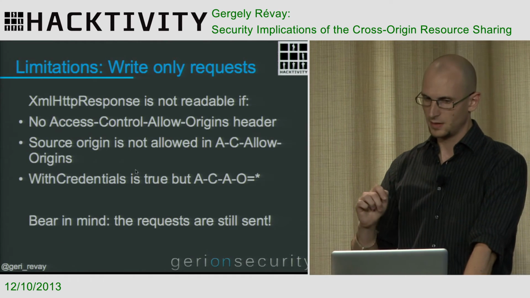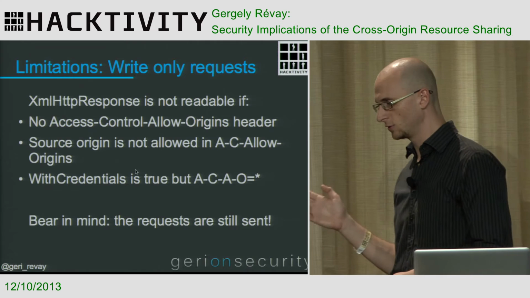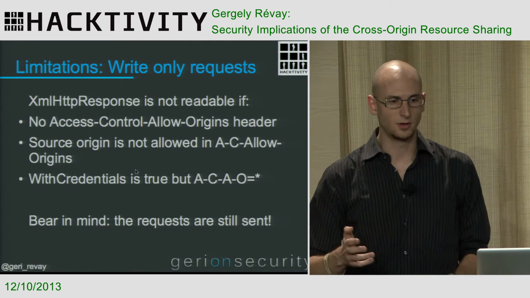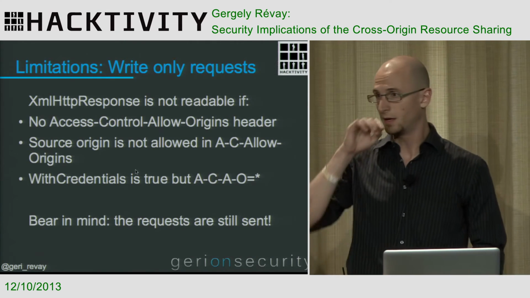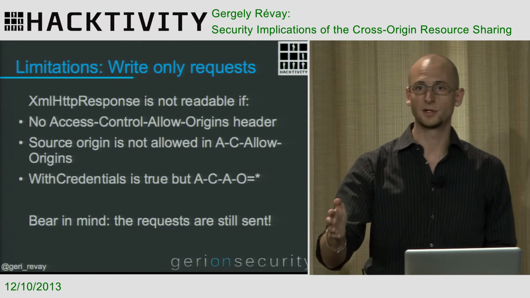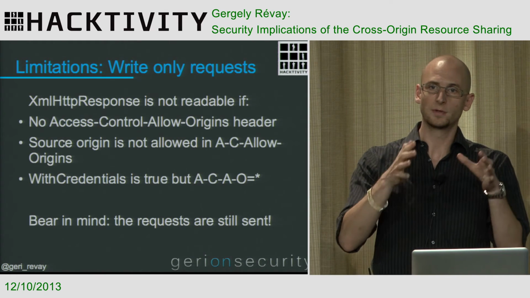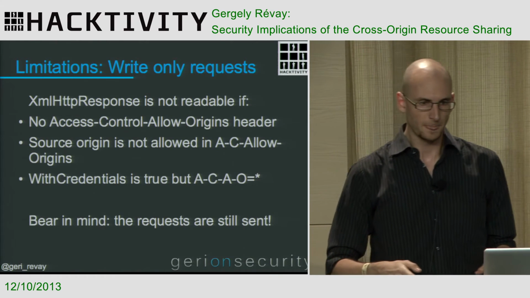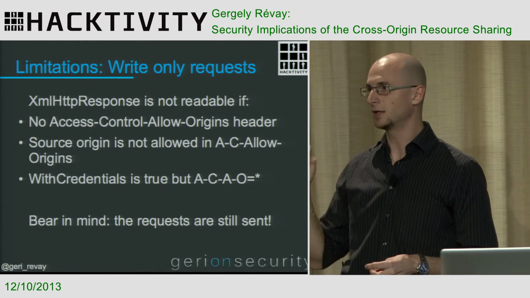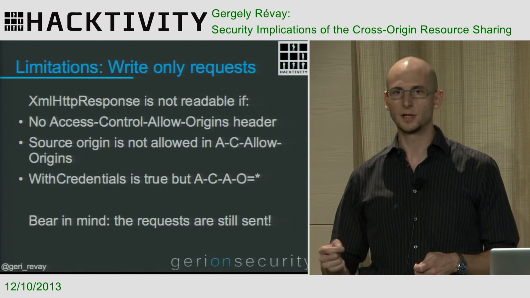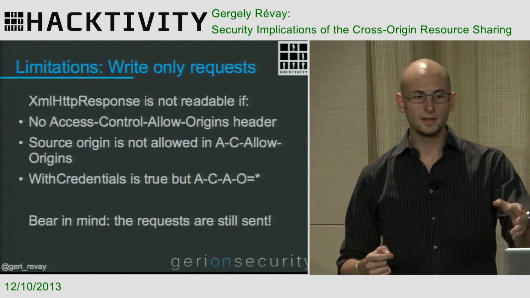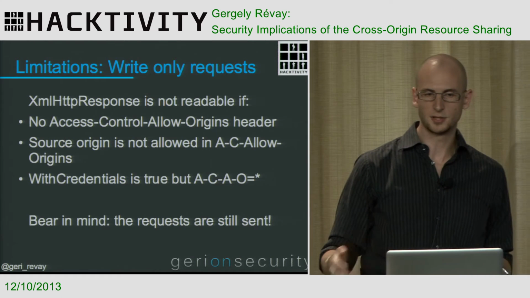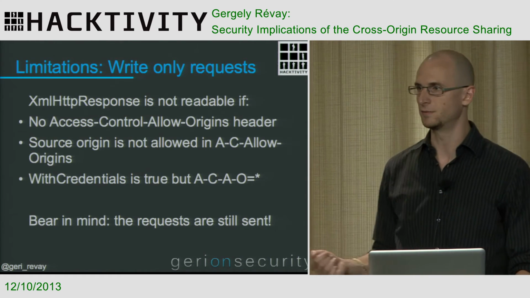So for instance, the response should always have an Access-Control-Allow-Origin header to tell the browser that your origin, your domain, is allowed. If this header is not in the response, then the browser will not show the response. When this header is not in the response, that essentially means that CORS is not turned on on the server side.